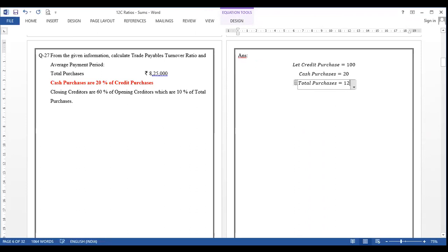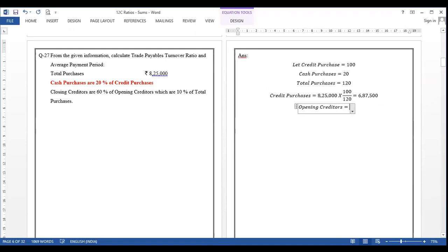Now we will find out the credit purchase by using 8,25,000 into 100 upon 120. Yes, 6,87,500. Okay, so we have credit purchases with us.